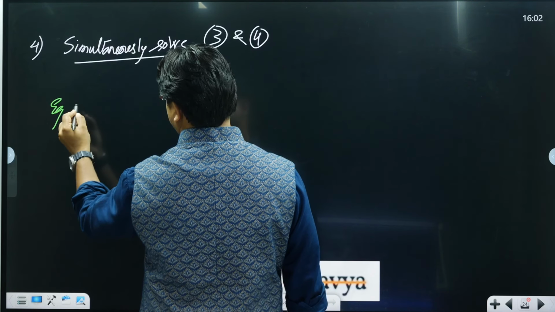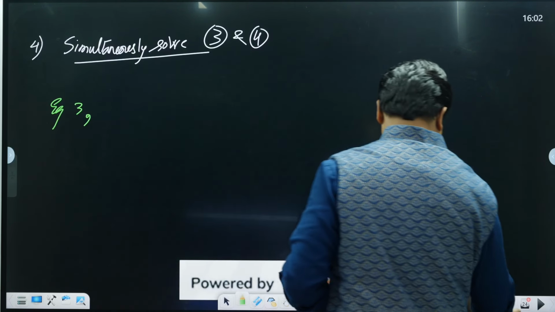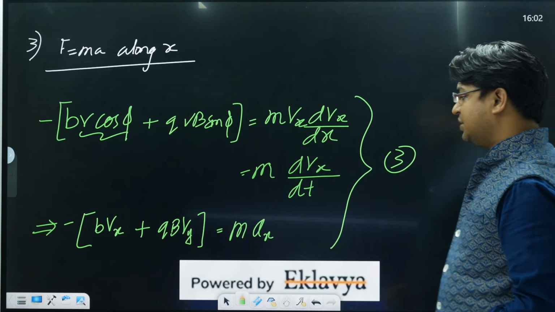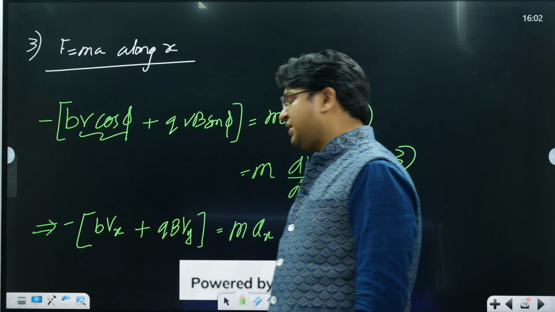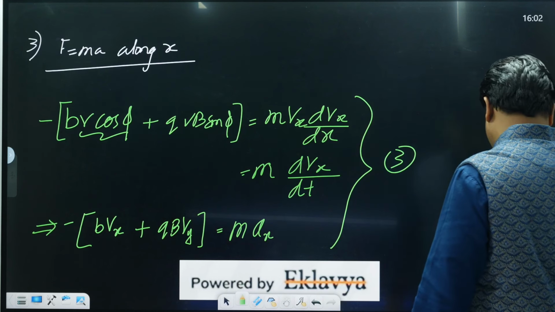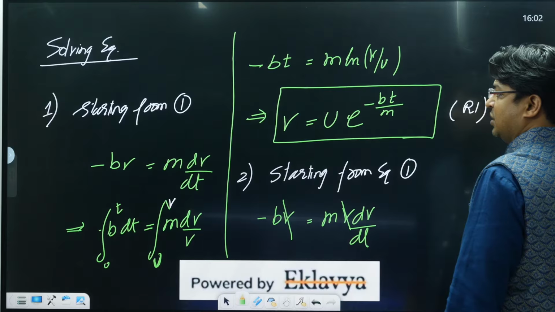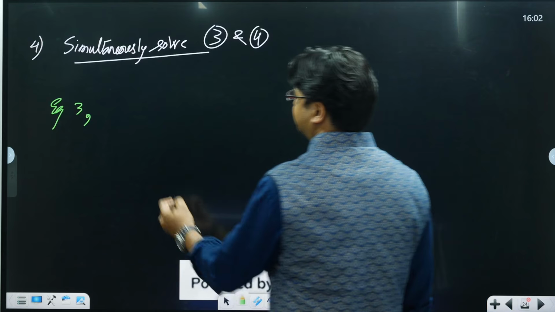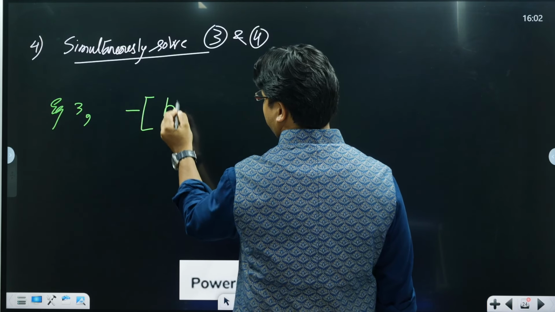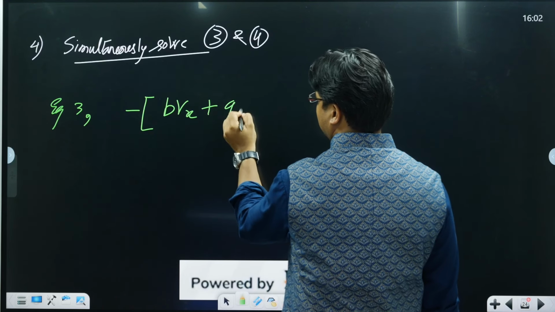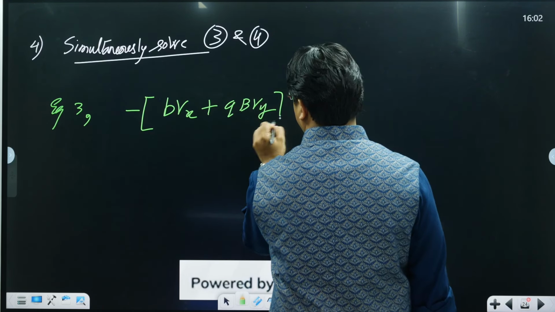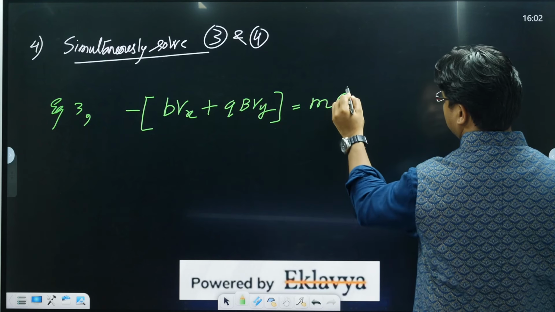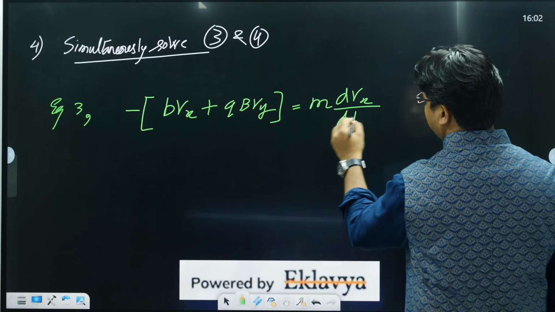Equation 3 I'm rewriting. I'll have to go back and check the equation. It is minus BVX plus QBVY is equal to M dVX by dt.